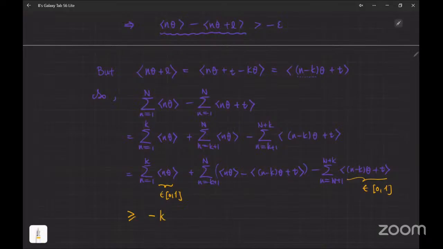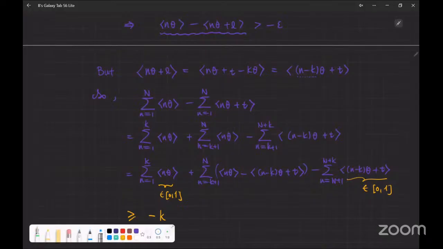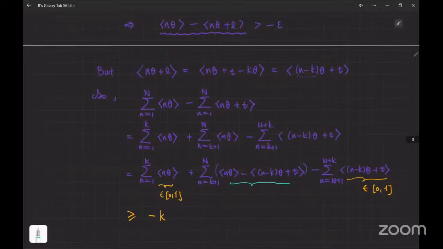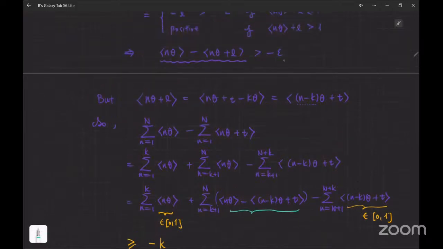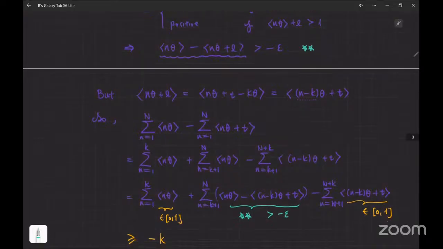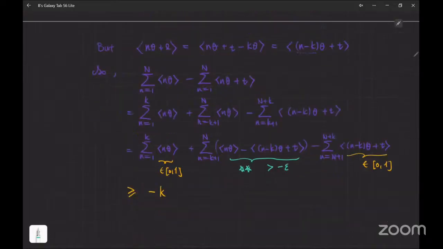Because this could be 0, this could be minus 1, so the worst case scenario is minus 1, minus 1, and so on. And then this middle term right here, by this star star situation, we know this is bigger than minus epsilon. And there are n of those, so minus n epsilon.